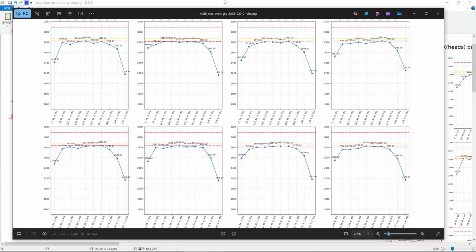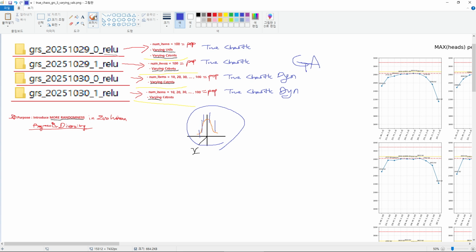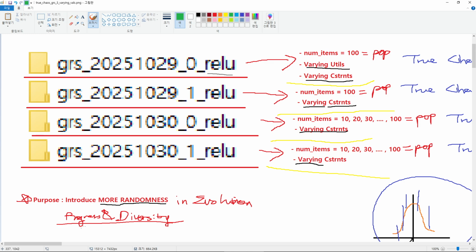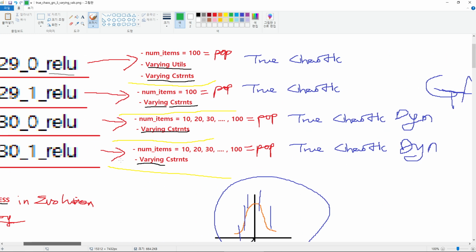So that's when I realized that it may not be so wise to set both the utility values and the constraint values to be different all the time, to be varying all the time. So it's not so wise.